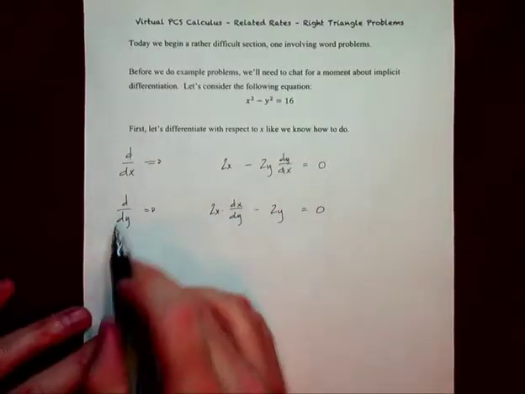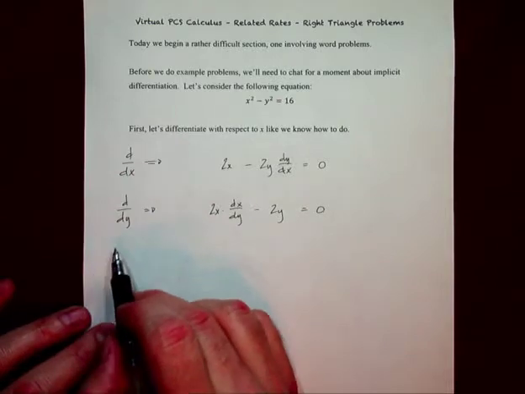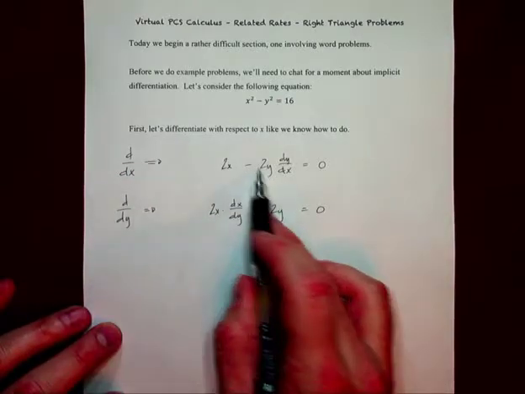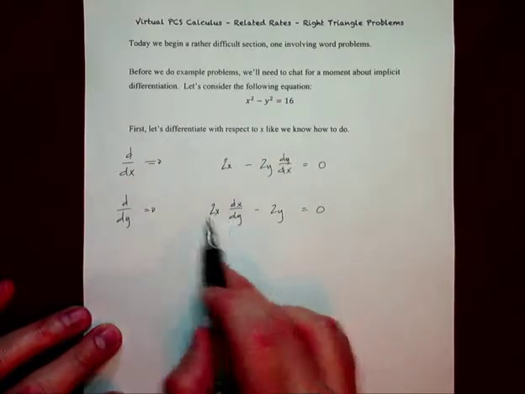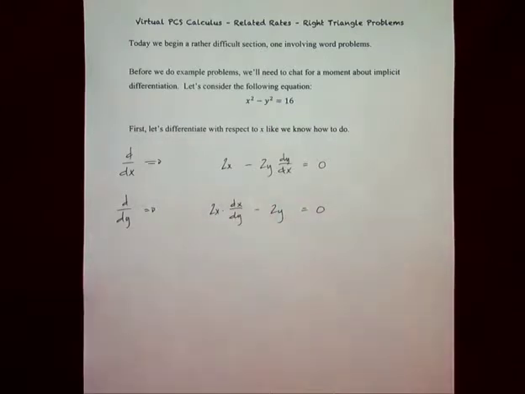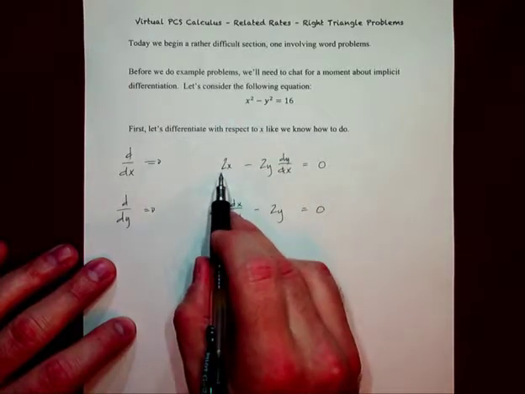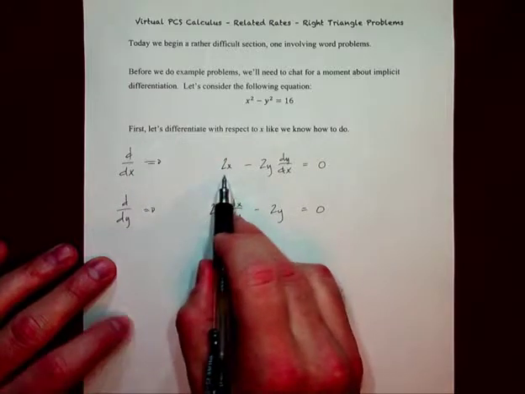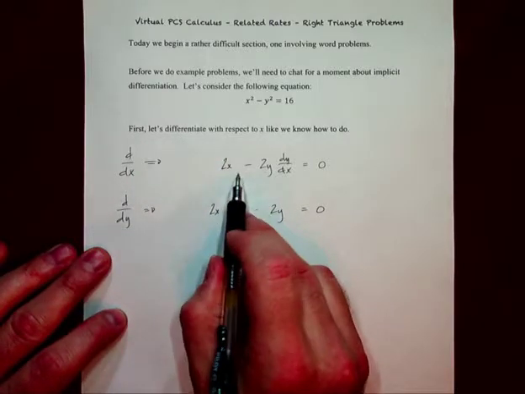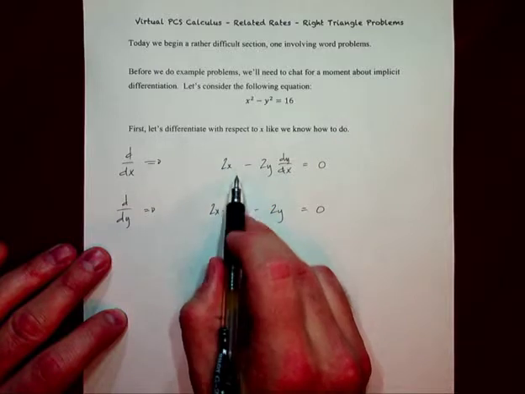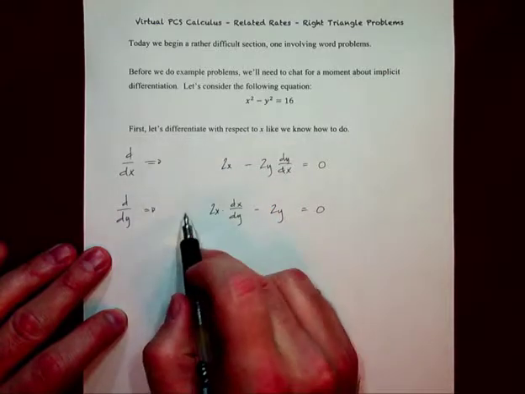Because when the variables do not agree, as the x does not agree with the y in this one and the y does not agree with the x in this one, there's a chain rule logic that has to be enacted, right? When I differentiate x squared with respect to x, actually, I guess you could put 2x dx/dx, but dx/dx is 1, so it falls out.